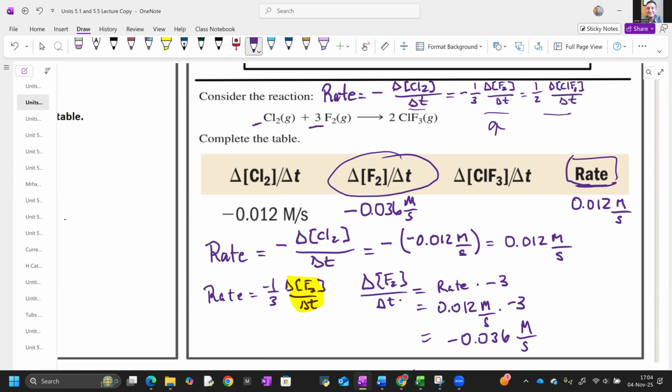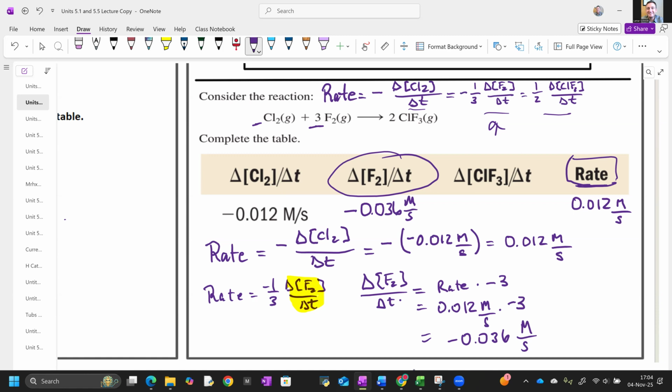So when this reaction is taking place, it takes 3 moles of F2 to be used for every 1 mole of Cl2. And so, of course, the change in the concentration of F2 with regard to time has to be greater because Cl2 cannot be consumed any faster than this stoichiometric ratio allows for.